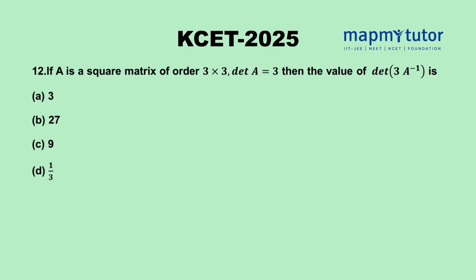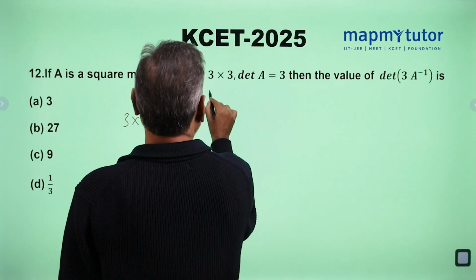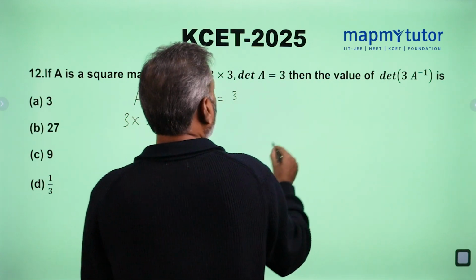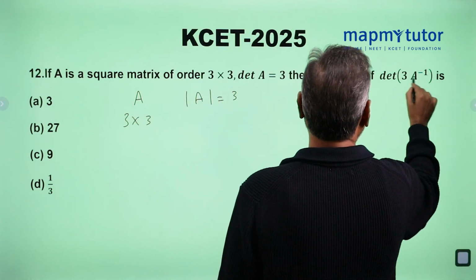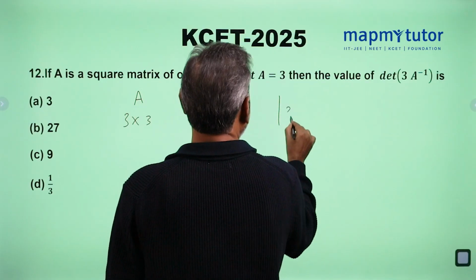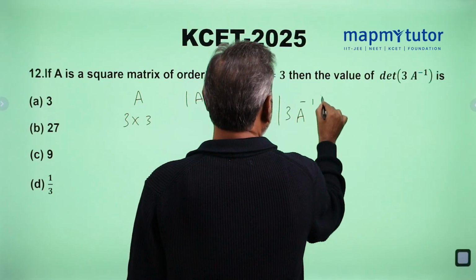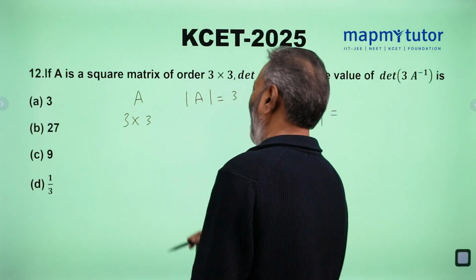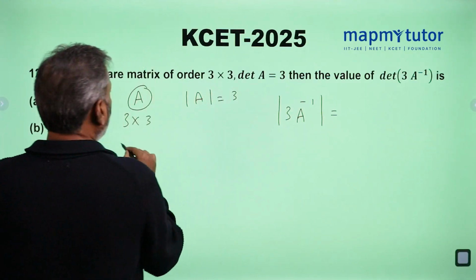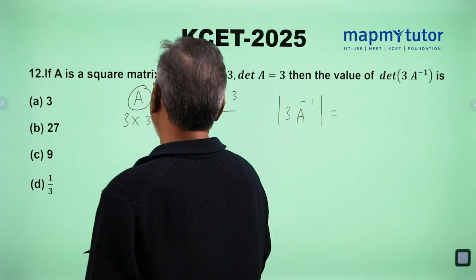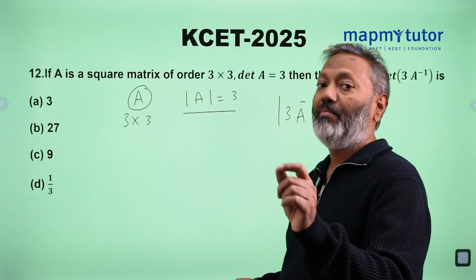Again, matrices. If A is a square matrix of order 3 cross 3, and that determinant of A is also given as 3, then what is the determinant of 3A inverse? Look at this. If A is 3 cross 3 and det A is 3, definitely A is a non-singular matrix.